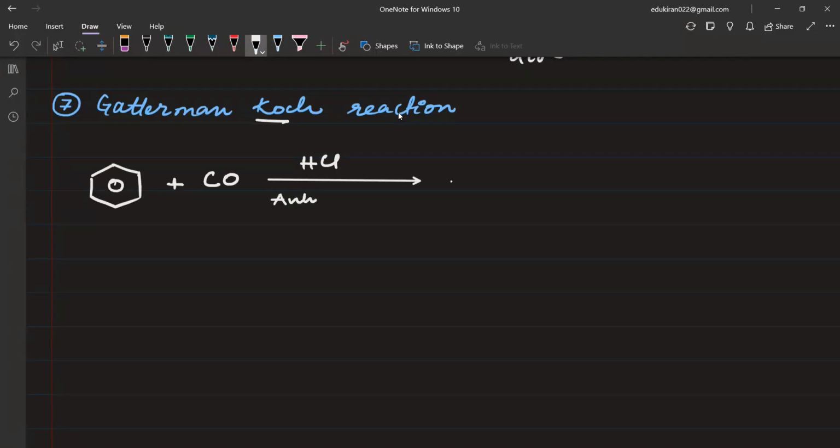In the presence of anhydrous AlCl3, you are going to get benzaldehyde.